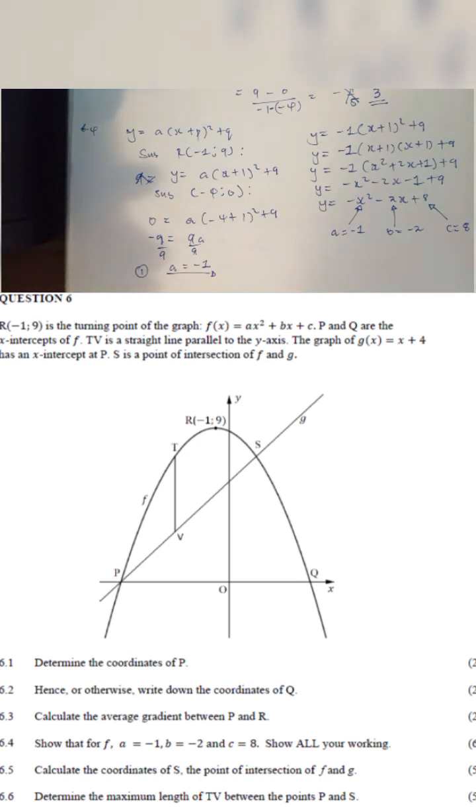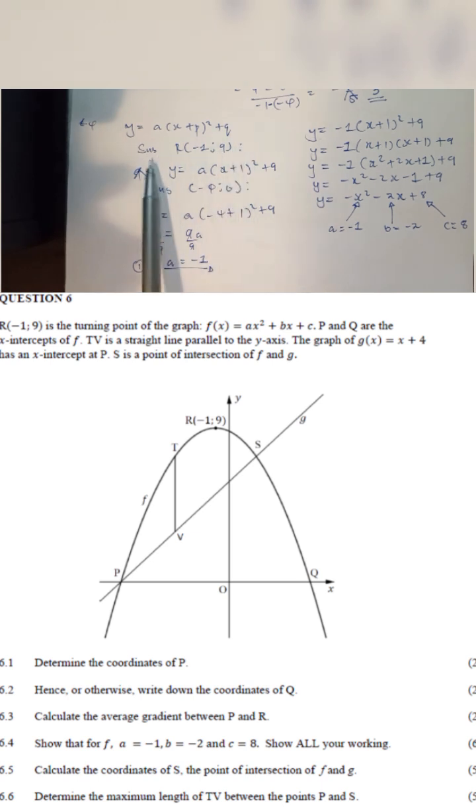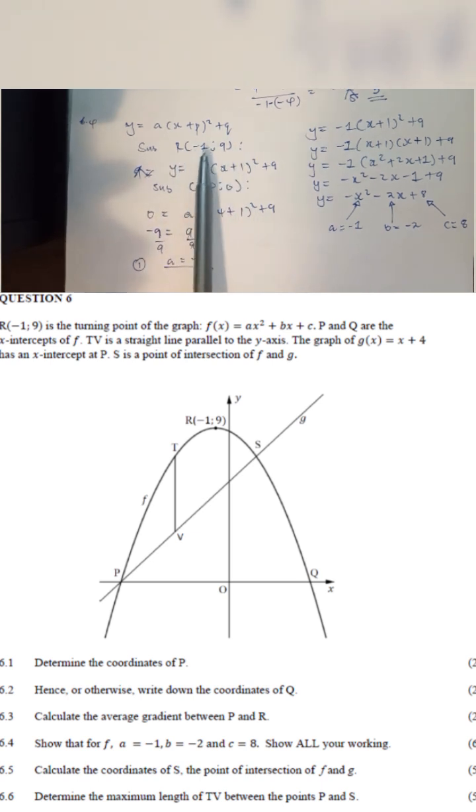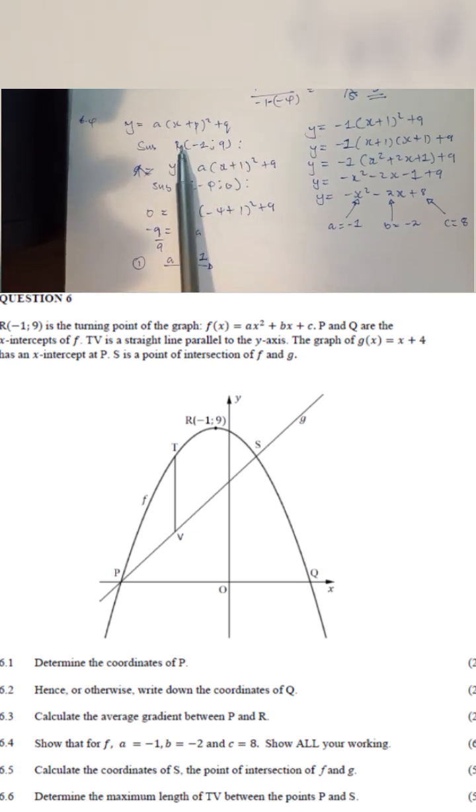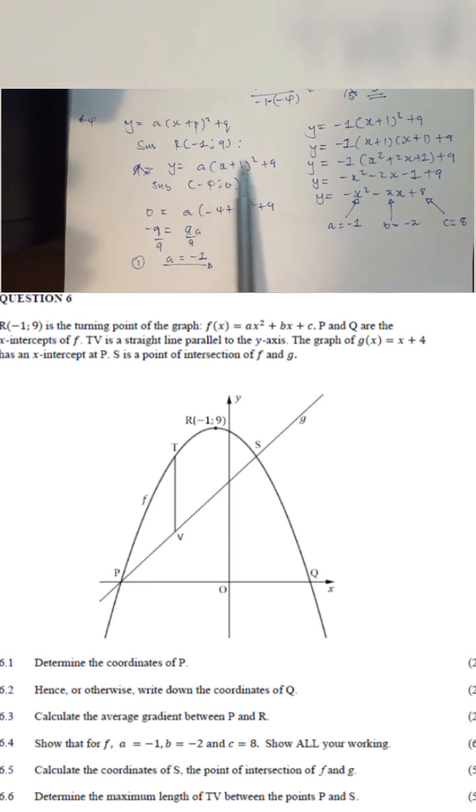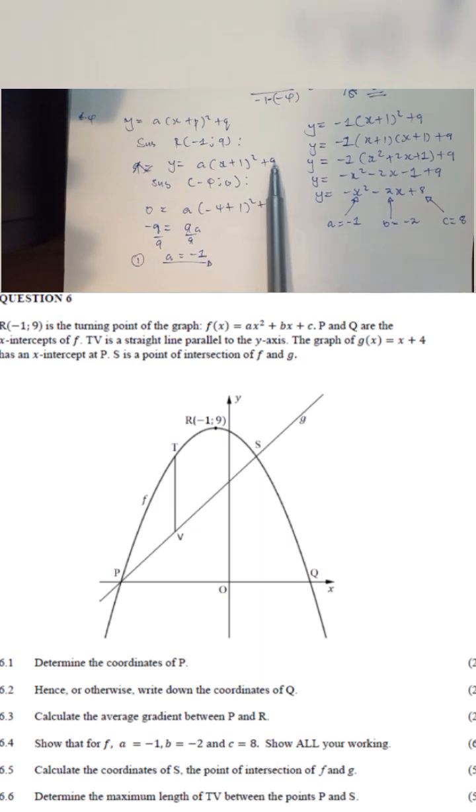First of all, you're going to write your equation: y is equal to a bracket x plus p squared plus q. Then you sub the turning point, which is (-1; 9), that's at R. Then we will have y is equal to a bracket x plus 1 squared plus 9. Then we sub (-4; 0) into this equation.